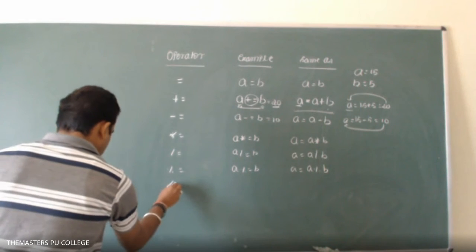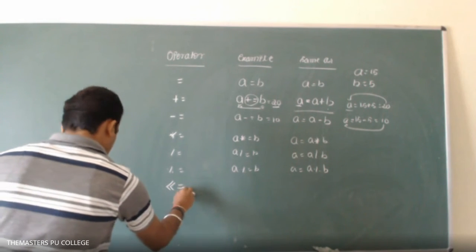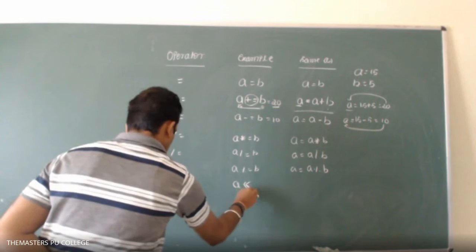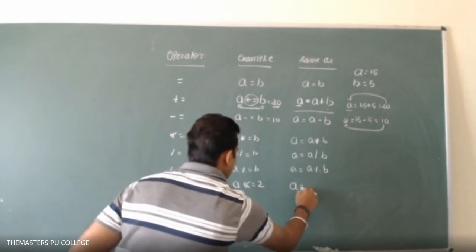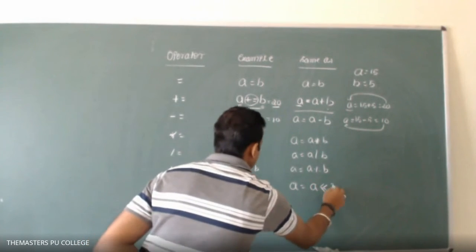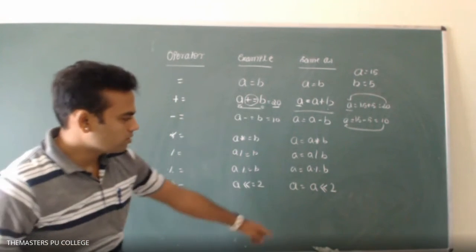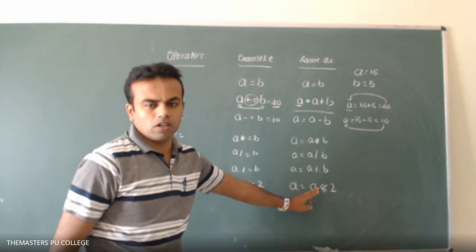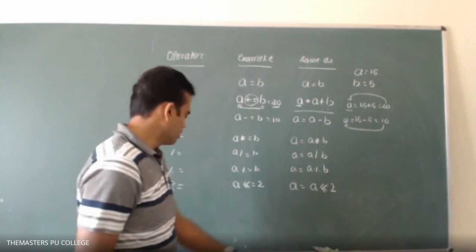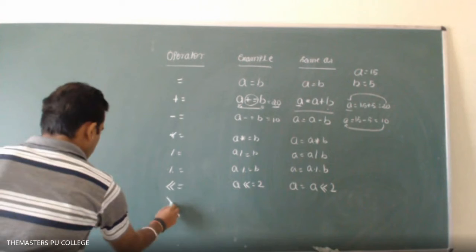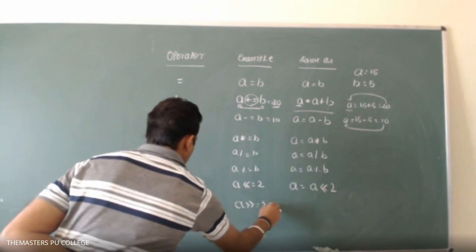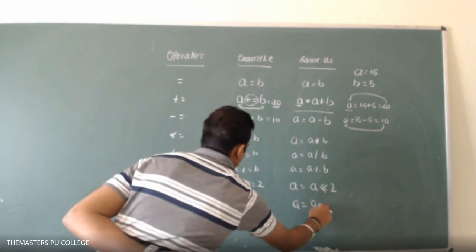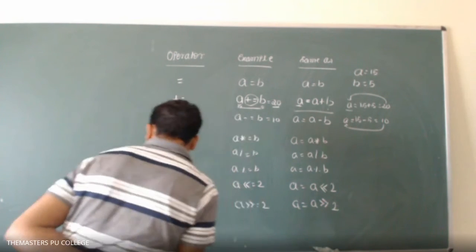Left shift equal: A left shift equal to 2 means A is equal to A left shift 2. We have done this previously in bitwise operations. Next, right shift equal: A is equal to A right shift 2.